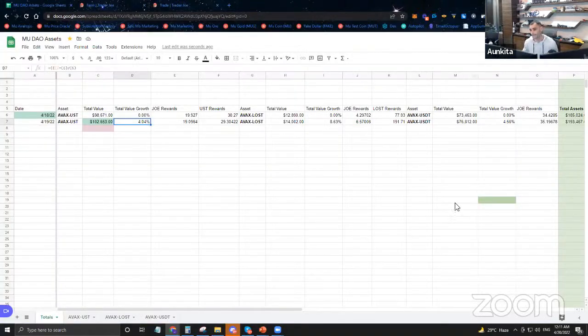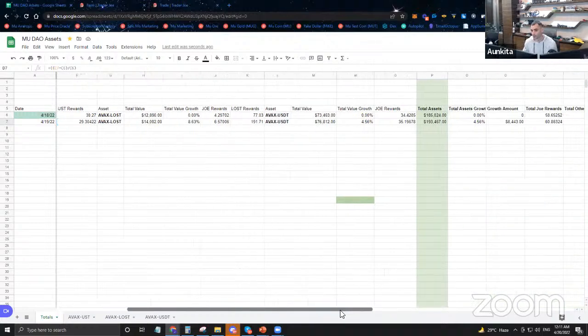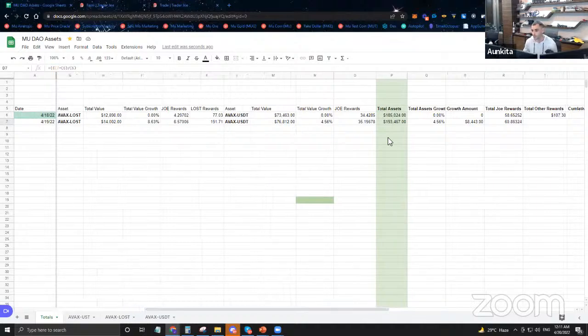So now we got that. So what we basically got was our total asset. Look, we got an extra $8,000 in unrealized gains that we could go in and essentially pull out our liquidity.